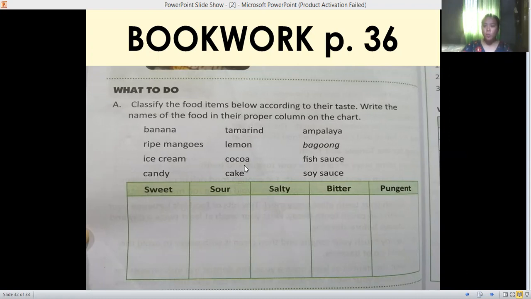Next is kokwa. Is it sour, salty, bitter, or pungent? Next, cake. Cake is sweet, sour, salty, bitter, or pungent. Next, ampalaya. Is it sweet, sour, salty, bitter, or pungent?